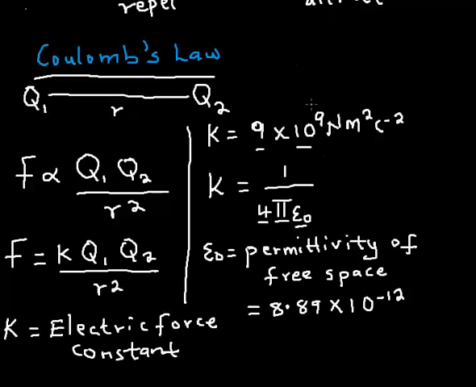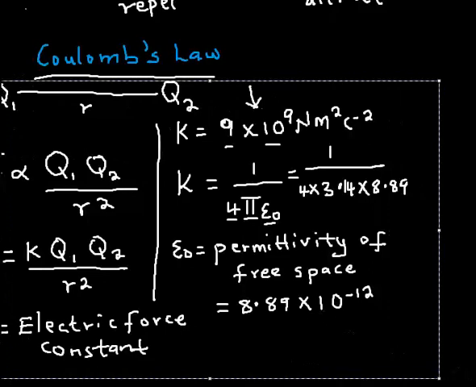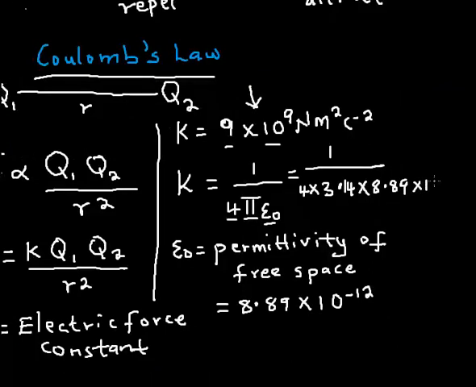Okay, what is the whole idea? The whole idea is I want to show you how this particular constant 9 times 10 raised to power 9, being the first constant, came about. By the time you put all this value into this expression, which of course is going to be 1 all over 4, pi is approximately 3.114, and of course multiplied by 8.89 times 10 raised to the power of minus 12.